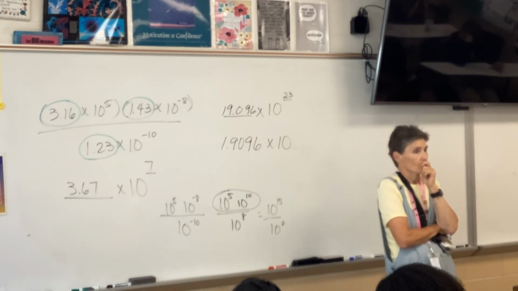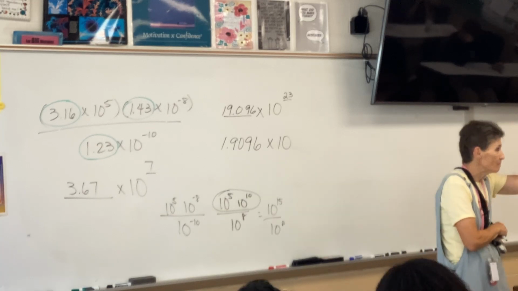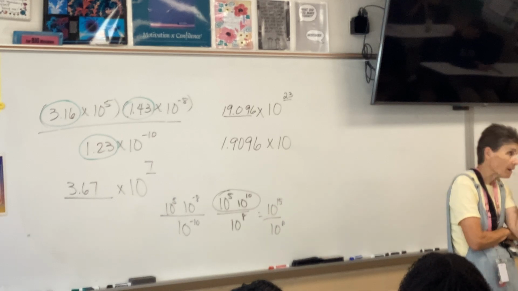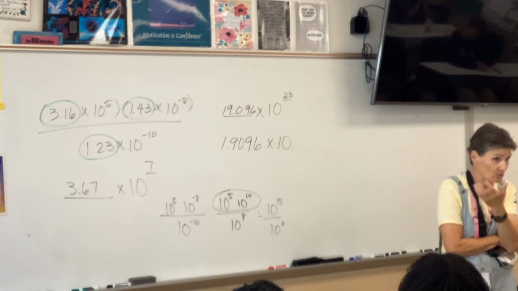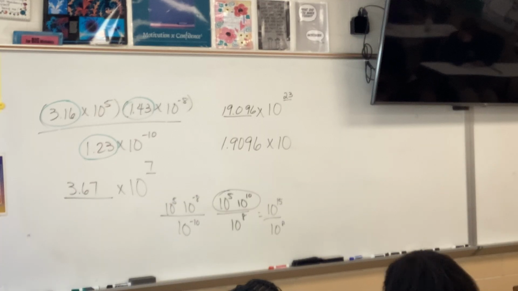Now, I changed my number. I went from 19 to 1.9. Obviously, my exponent has to change. Would you agree that it's gonna change by 1? Because that's how many decimal places I moved, right? The question is, is it gonna be 22 or 24?